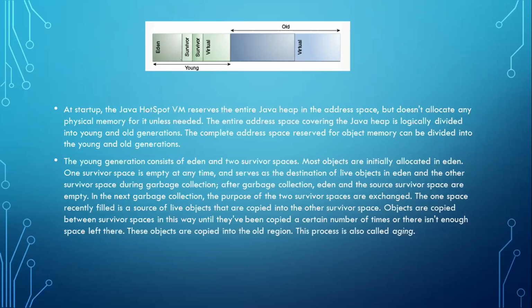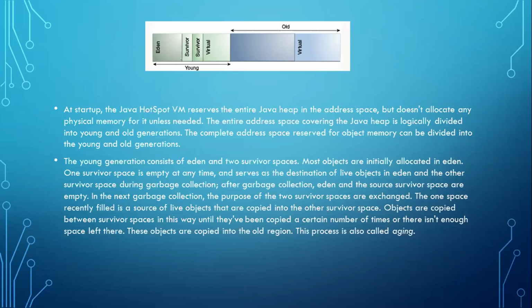By default, the max tenuring threshold value is 15. So an object has to survive 15 garbage collections within young generation before it is eligible for promotion into old generation and becomes a tenured object.